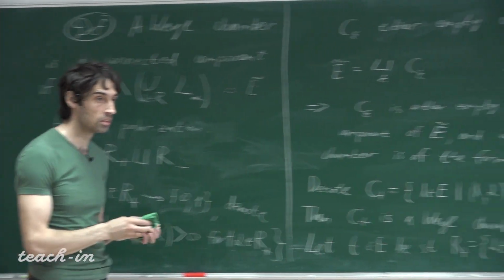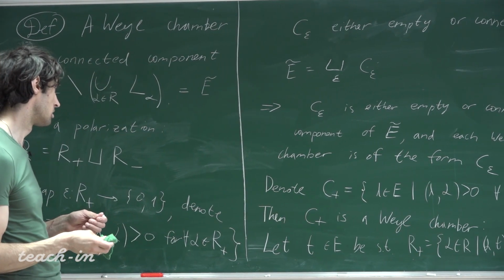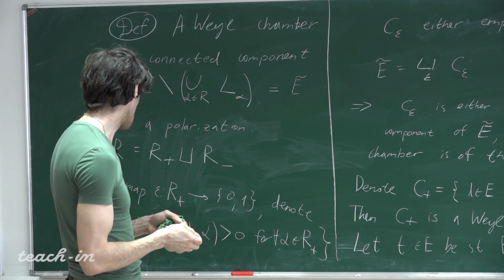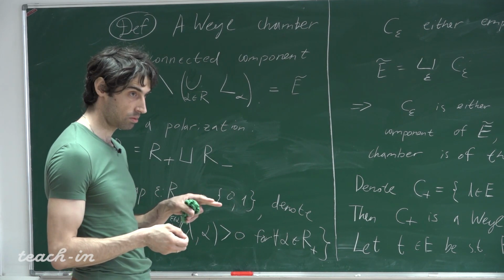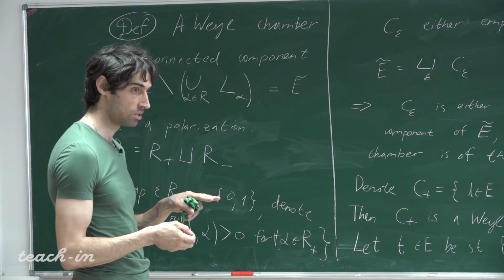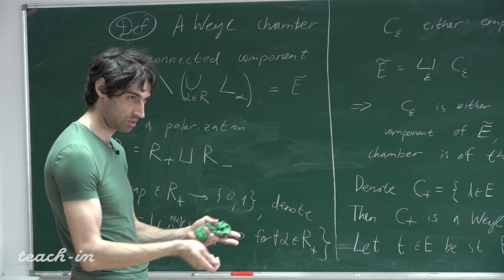How can we see that C epsilon is connected? I claim that it's either empty or connected. So suppose it's not empty.